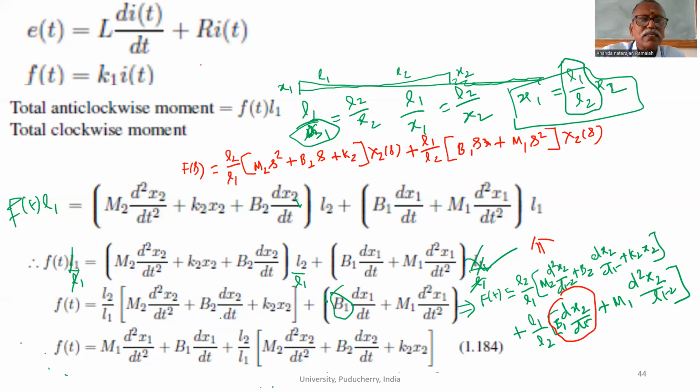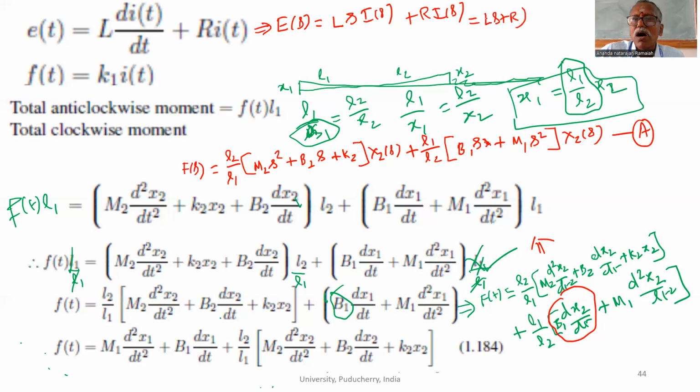Let it be A. E of s equal to L s I of s plus R I of s, that is equal to L s plus R multiplied by I of s. Let it be B.